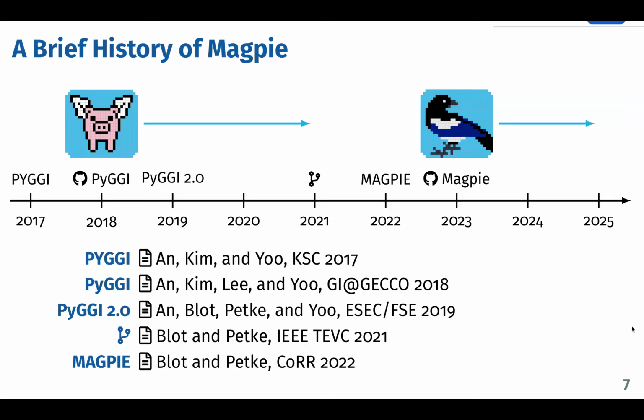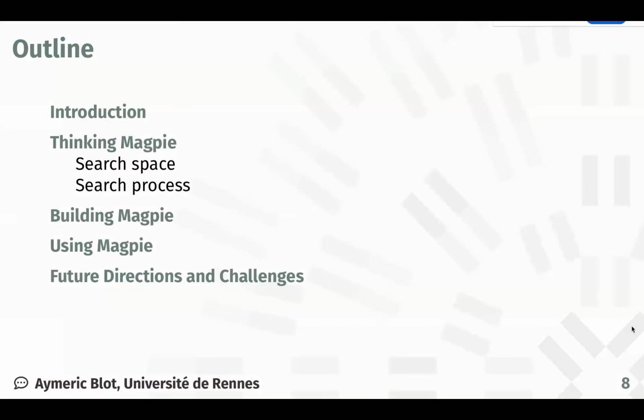So this is the framework I will talk about. The first part is more grounded on theory, then on the framework itself, and then the tutorial part. So we'll talk about the search space of GI or automated search process through the lens of Magpie, and then how in general the search process works and why it works.